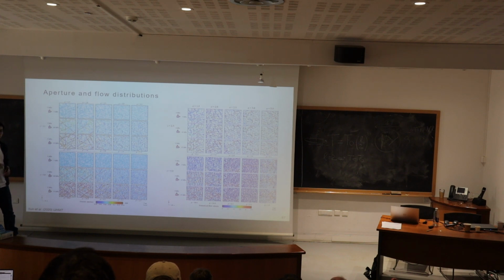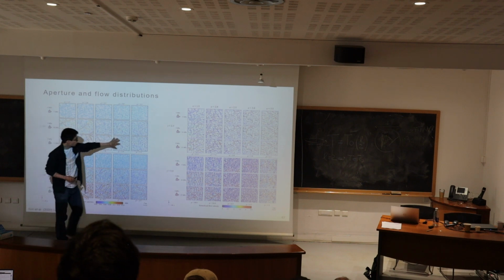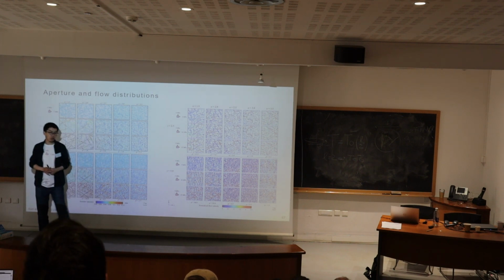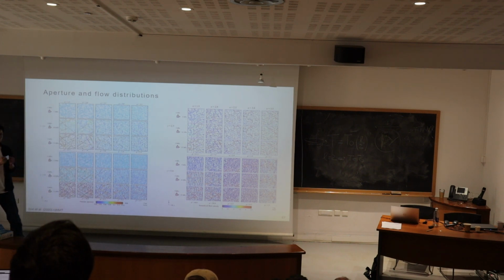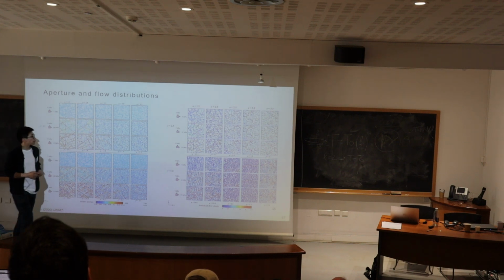This is because of the shear dilation effect. These fractures are more prone to experience shear displacement and therefore shear dilation. And the small fractures are more constrained by the matrix to shear and deform, so they are more subject to smaller apertures.